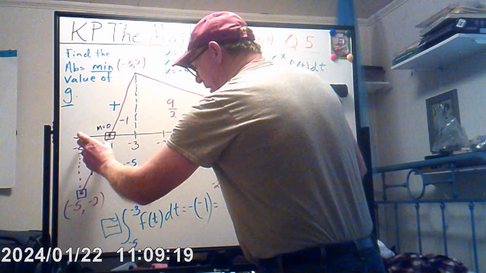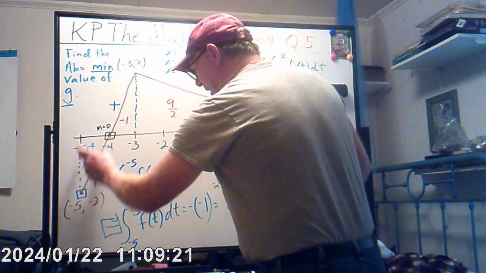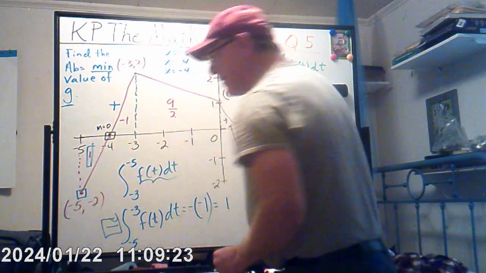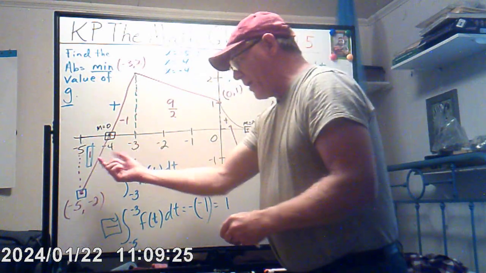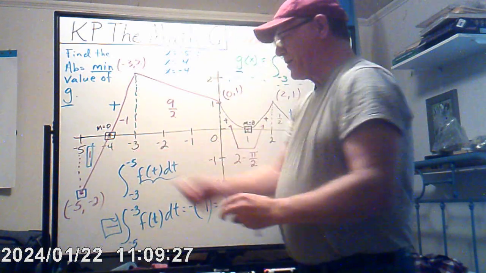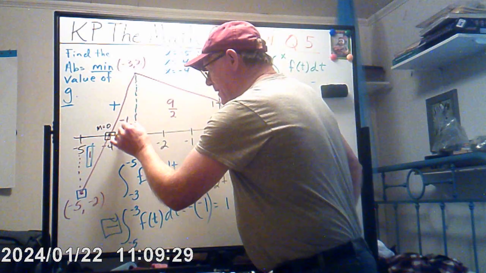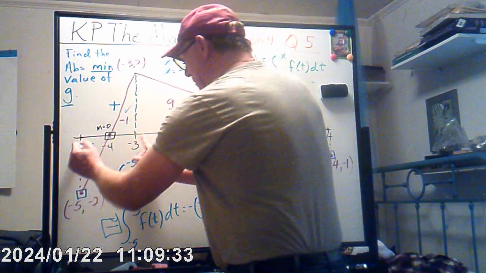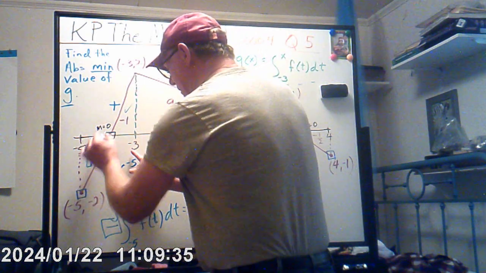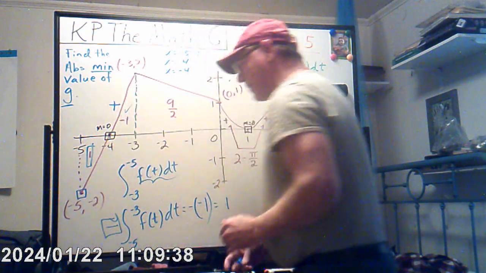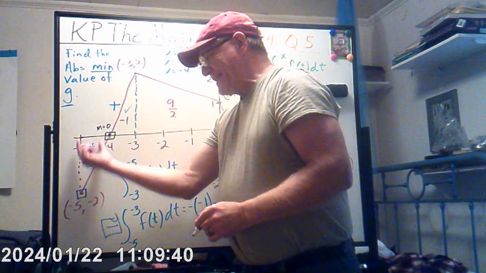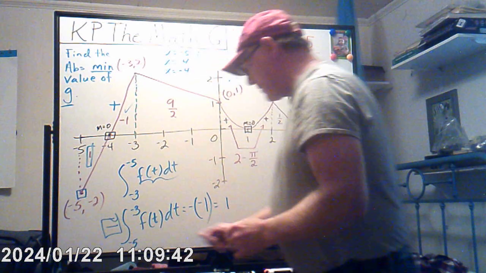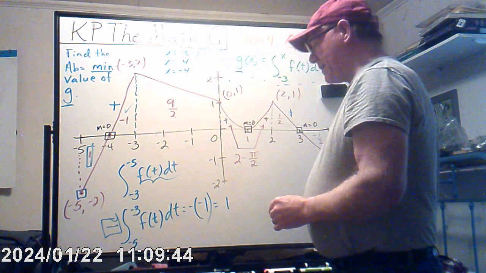This is from negative 5 to negative 4 here, but we're actually going from negative 5 to negative 3. So I still got to look at this area as well. If we're looking at everything, I'm looking at the area of this triangle and the area of this triangle. I was thinking about negative 5 to negative 4 is negative 1.